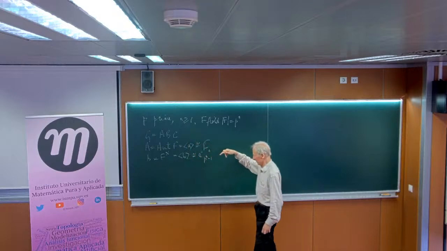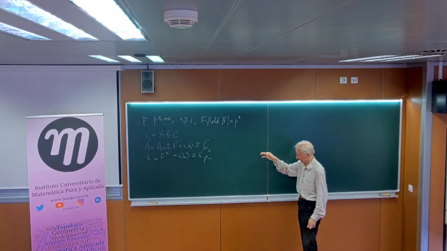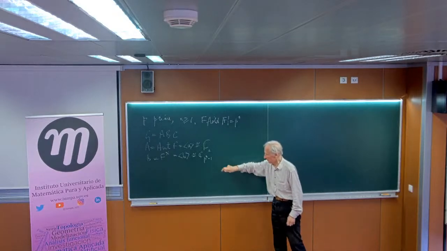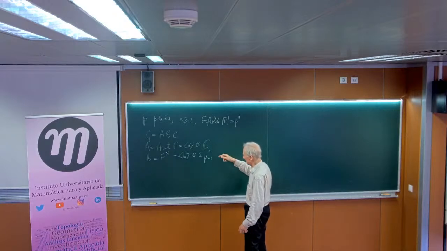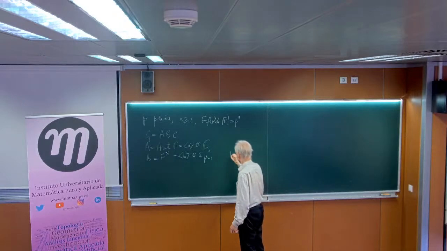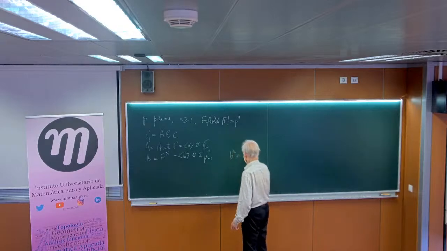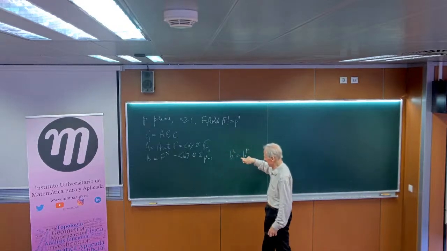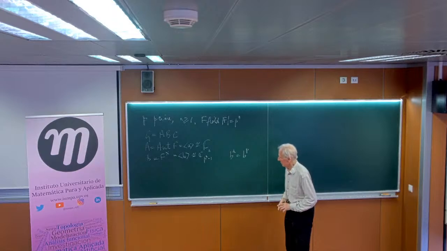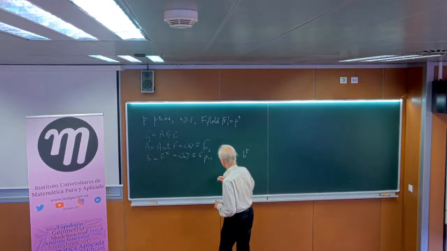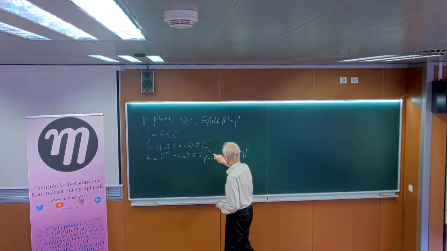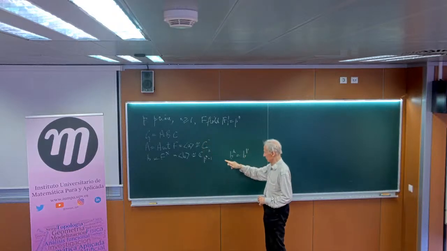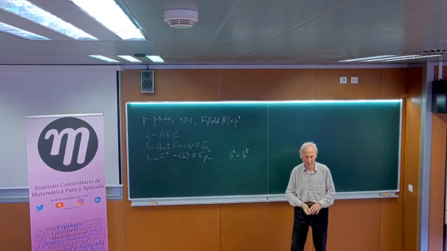The multiplicative group of the field is a cyclic group of this order. And A acts on B just as it does in the field, so that B conjugated by A is just B to the p. So this is a metabelian group, with A cyclic of order n, a group of order n acting on this group of order p to the n minus 1.